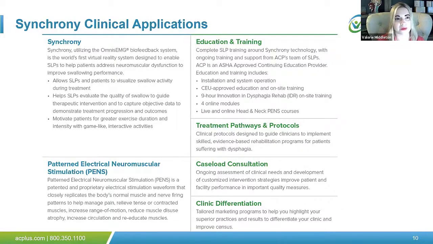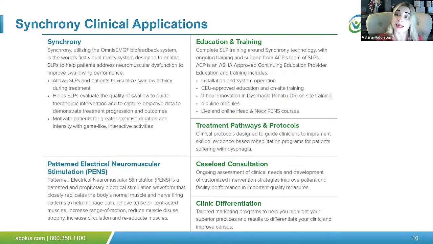Again, some of these benefits with looking at Synchrony is that we include treatment pathways and protocols. We have an assessment to have baseline data for our patients, more objective outcomes, which can help with our clinicians' documentation, as well as the fact that we do have, again, this virtual reality biofeedback that's very engaging for the patients when many times they may not understand the point of swallowing therapy.